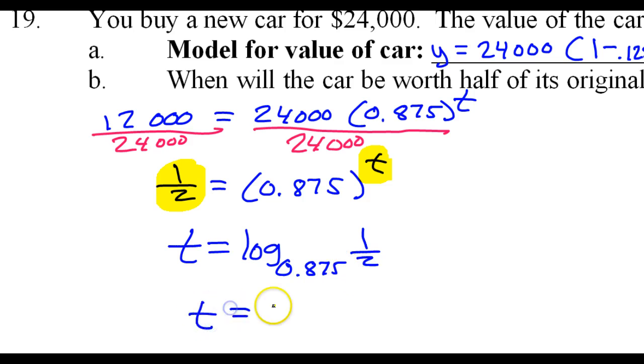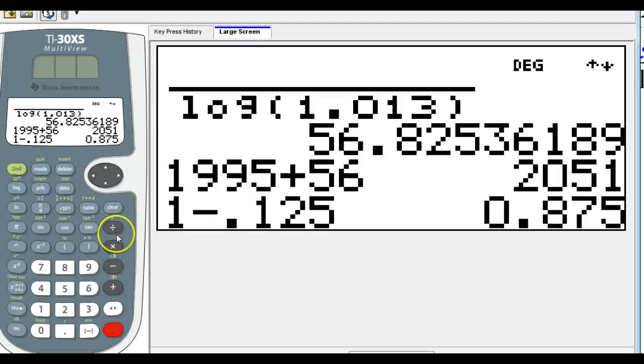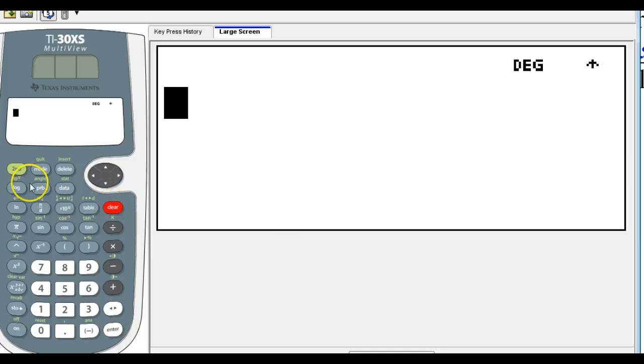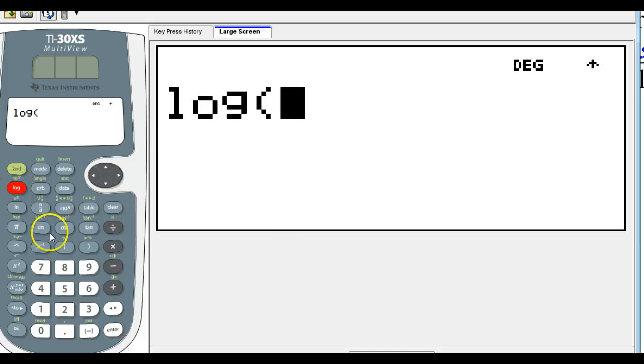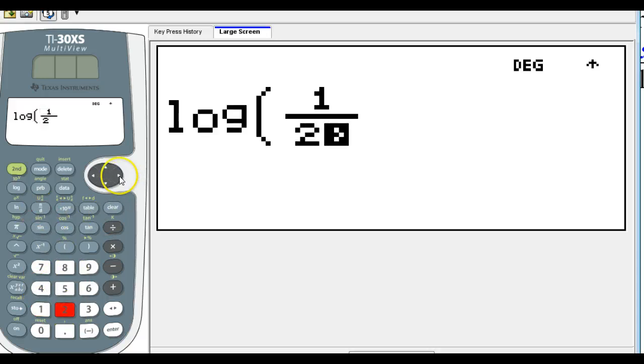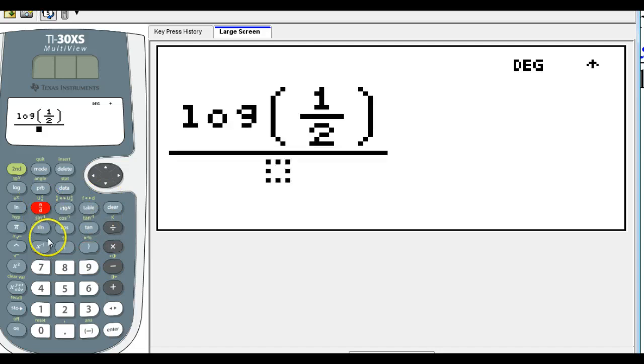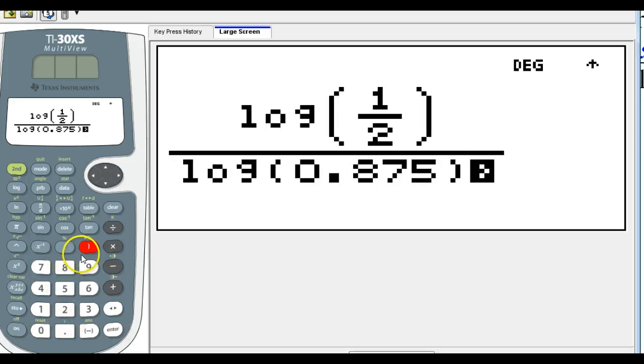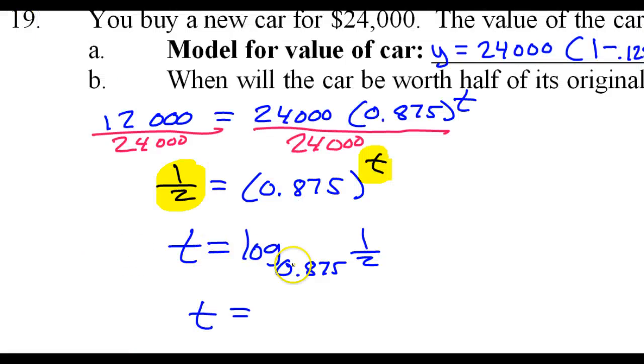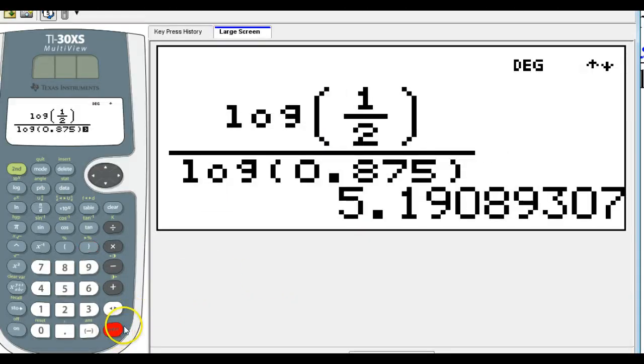To put this in my calculator, I need to do log 1/2 over log 0.875.